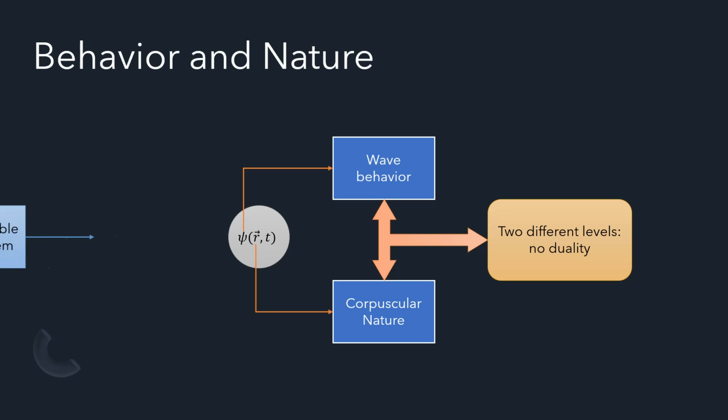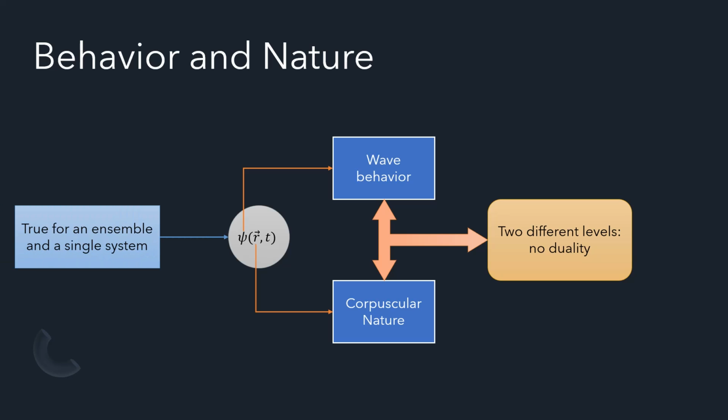So we may say that this is valid both for ensemble and single systems. We can make the simulation both for ensemble and single systems, and this is what we want to show in the simulations that we will now present.